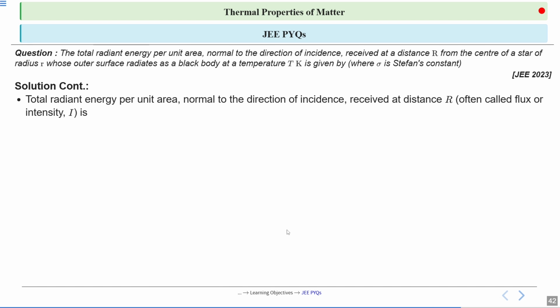So the total radiant energy per unit area normal to the direction of incidence received at a distance r, here called flux or intensity, is I equal to L by A. Putting in the values, it will be 4 pi R square sigma T raised to the power 4 divided by 4 pi r square.